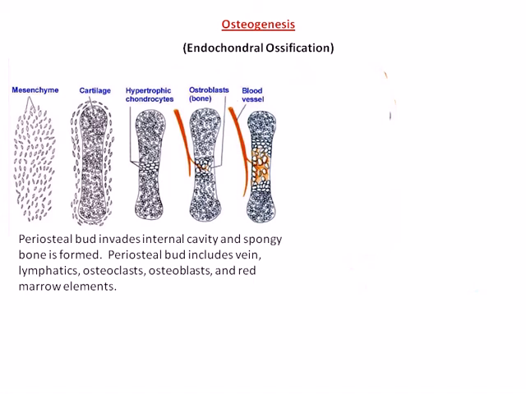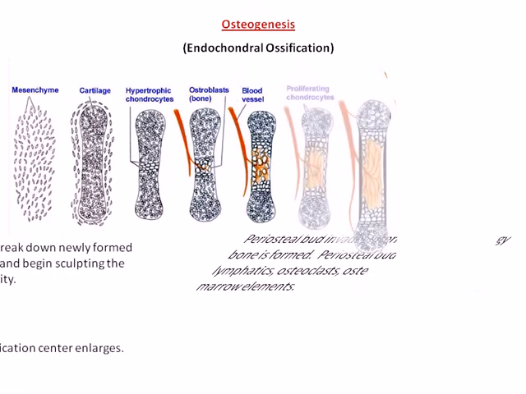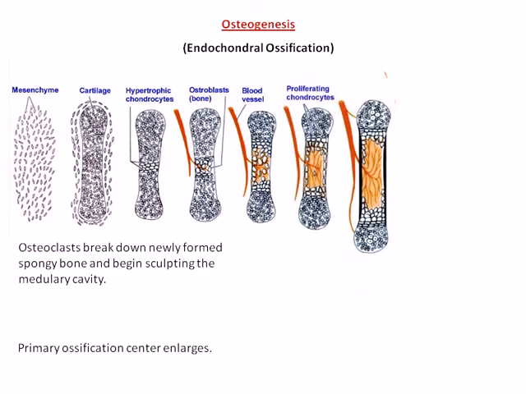As the primary ossification center enlarges, spreading proximally and distally, osteoclasts break down the newly formed spongy bone and open up a medullary cavity in the center of the shaft. The formation of this cavity is the final step in the ossification of the shaft.